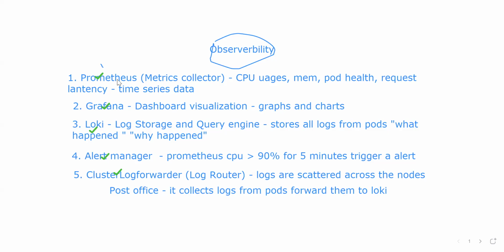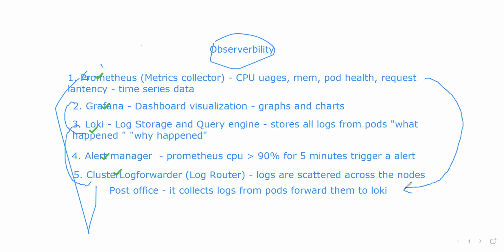Whatever Prometheus metrics are collected will be collected by the log forwarder, and the log forwarder will push them to Loki. Loki will push them to Grafana. The log forwarder is like a postman.